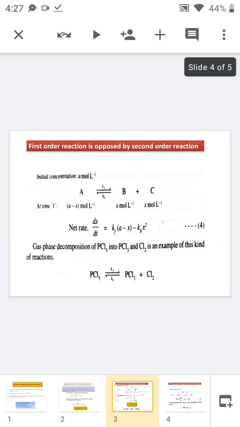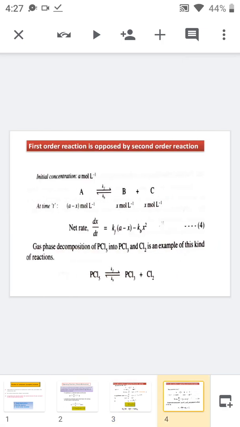Now we are moving into the next type, that is, a forward reaction opposed by a second order reaction. In the general example, A reversibly gives B plus C. Here the forward reaction is first order and the backward reaction is second order. Initially the concentration of A is a.